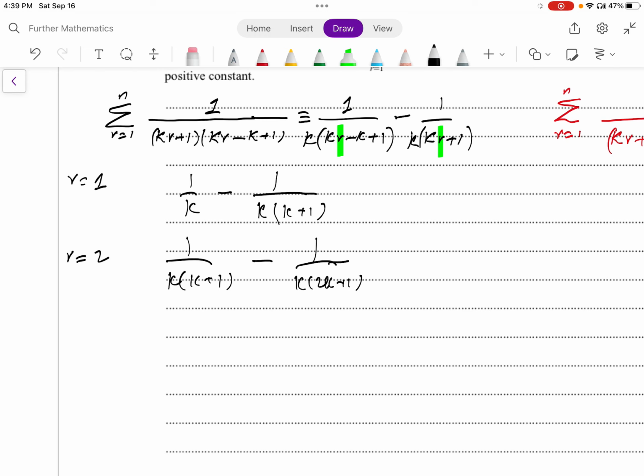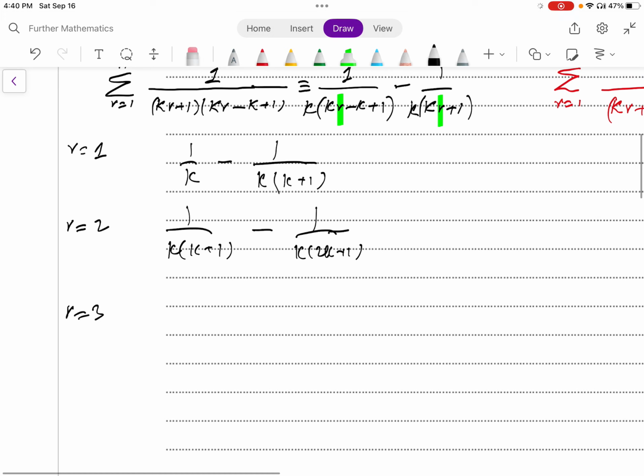Let's check one more r value, say 3. We have to write the r values in sequence, so it should be 1, 2, 3, and this gives us 1 over k times (2k plus 1) minus 1 over k times (3k plus 1).